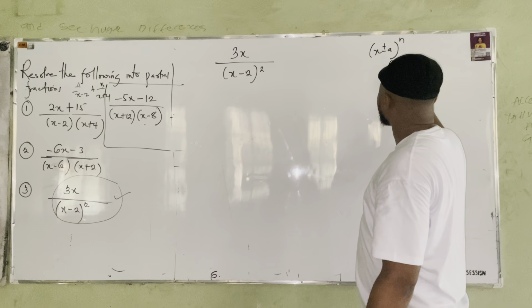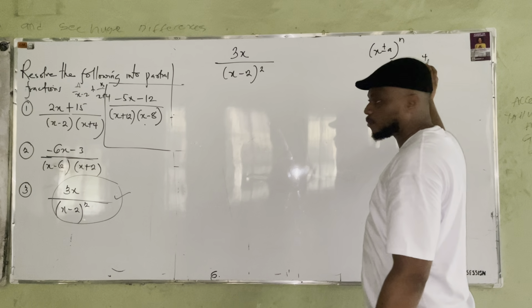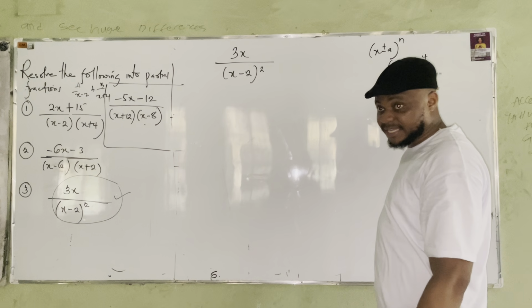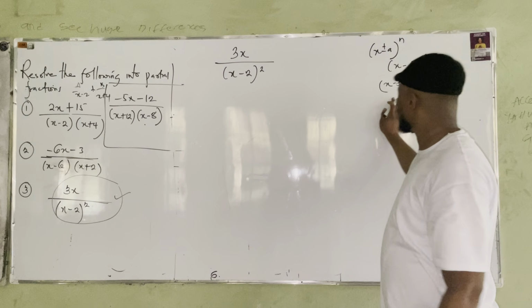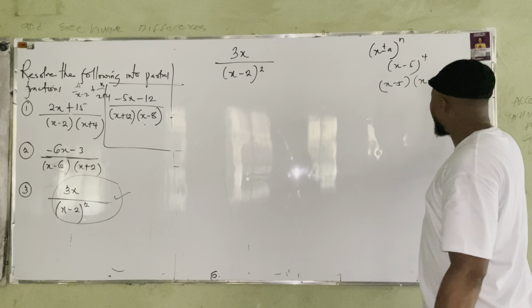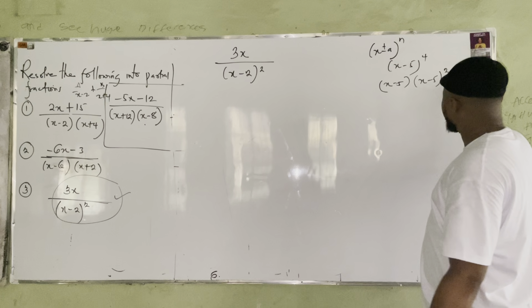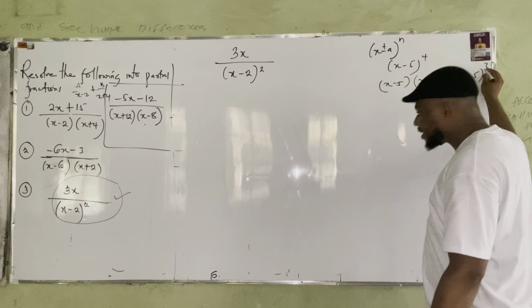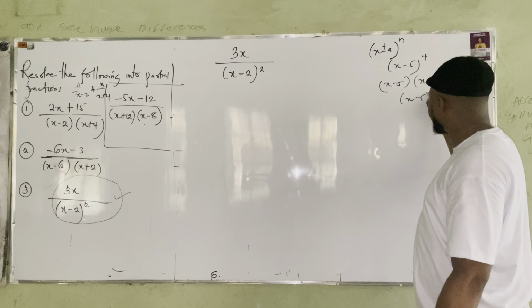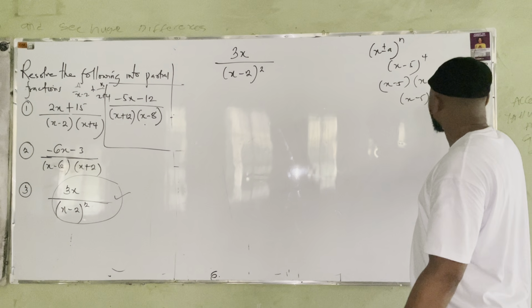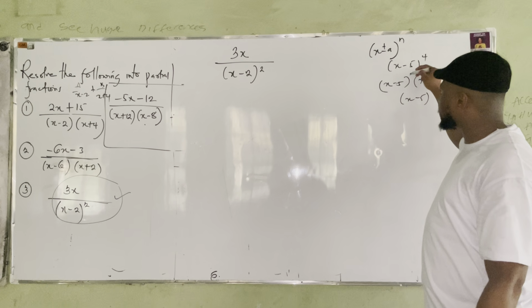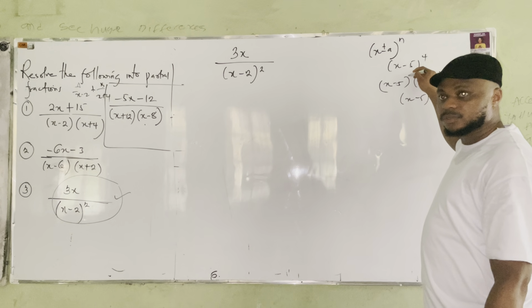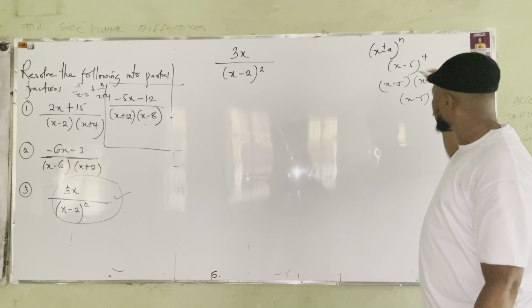If we have x minus 5 raised to power 4, this is split into x minus 5 first, x minus 5 raised to power 2, x minus 5 raised to power 3, and x minus 5 raised to power 4. That's the last. So this x minus 5 that does not have the power is raised to power what? 1.